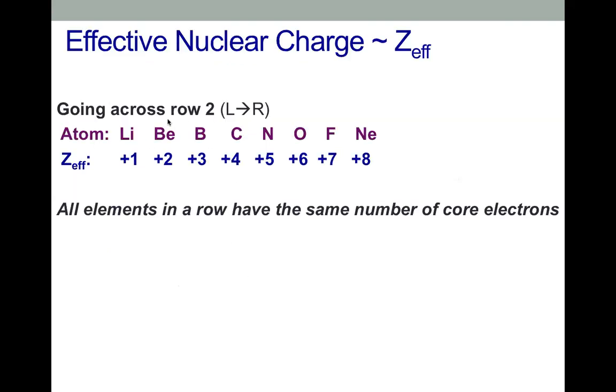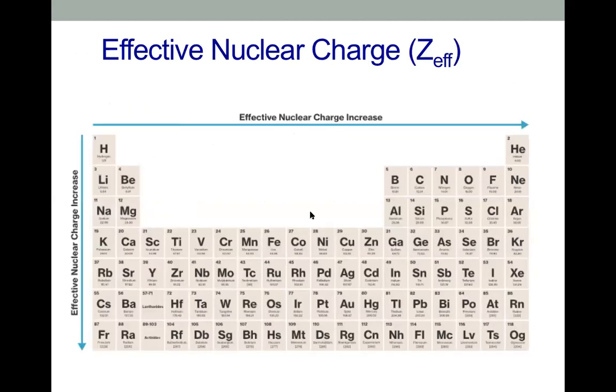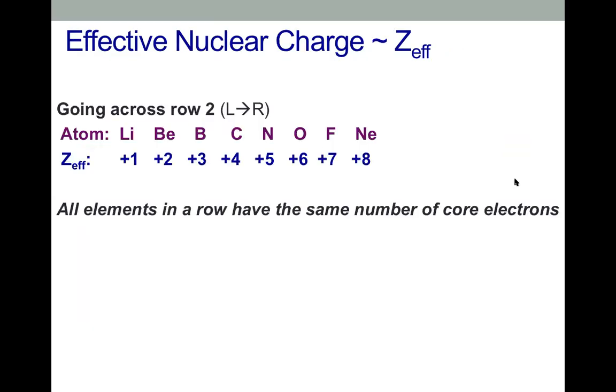So if we just look going across row 2 here, is lithium, beryllium, boron, carbon, nitrogen, oxygen, fluorine, and neon. And if we look at what happens with their ZF as we go across, we see it just increases by 1 every time.